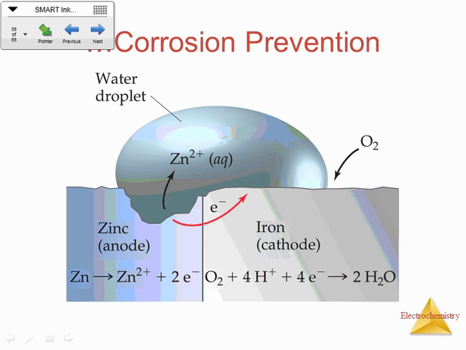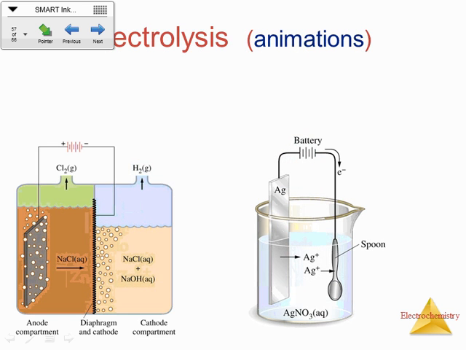I'm going to have to look into that. I know that when you make that alloy, it prevents the iron from rusting. I'm not sure exactly why, but you can make an alloy as well. But they do this sometimes with ships. They'll put the sacrificial anode next to it, and that will keep the iron from rusting. Okay, so that's one way you can prevent corrosion.